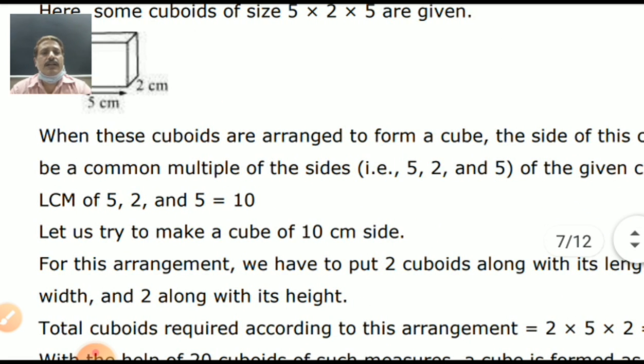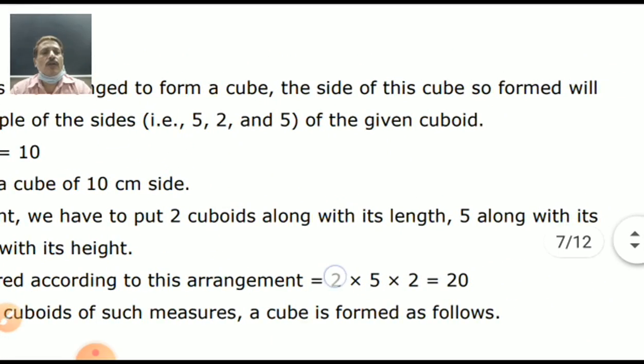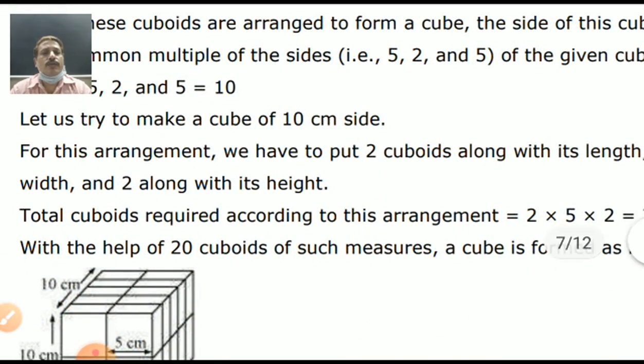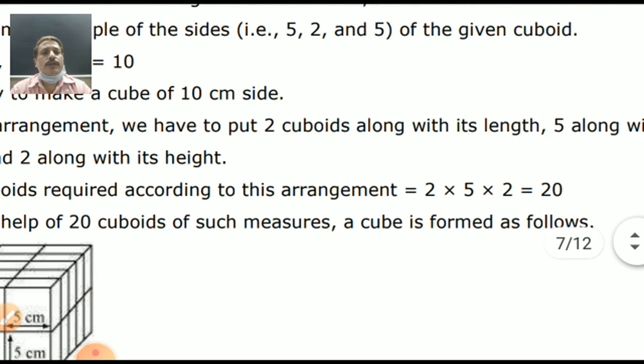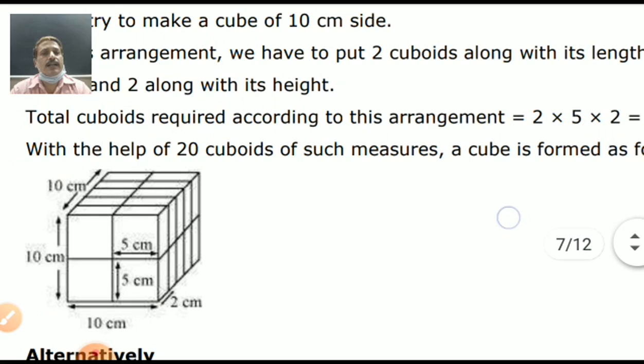Okay, let us try to make a cube of 10 cm. For arrangement, we have to put 2 cuboids along the length, 5 along the width and 2 along the height. Or we can say 2 into 5 into 2, that gives me 20. Yes or no? 5 2s are 10. Height, width and breadth, always 10, 10, 10 are needed.